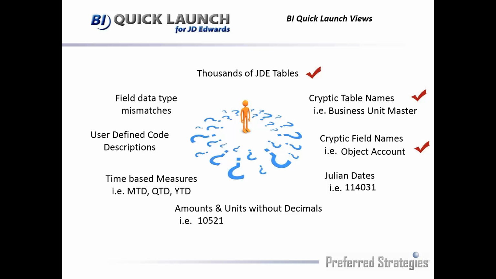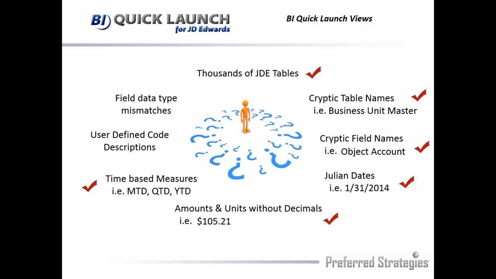And some of the views we deliver will actually be a combination of 5 or 10 tables in some cases, already related within the views. The object account, instead of seeing the cryptic alias of JDE, you'll see the long names. And Julian dates will be converted to a Gregorian date. Amounts and units are stored and delivered with the correct decimal calculations as well.